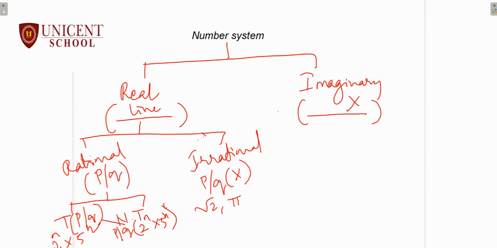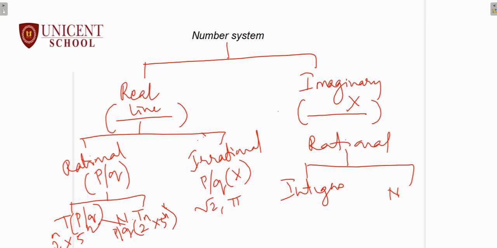And these rational numbers again have two categories. One is integers and the other is non-integers. We know that integers are positive numbers, negative numbers, including 0. And what are these non-integers?